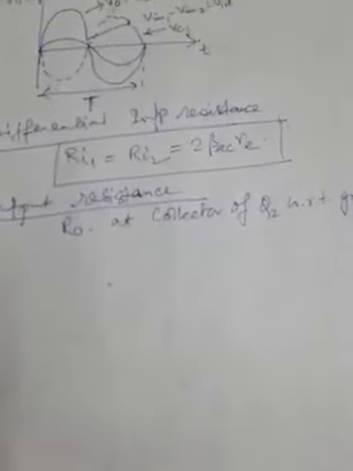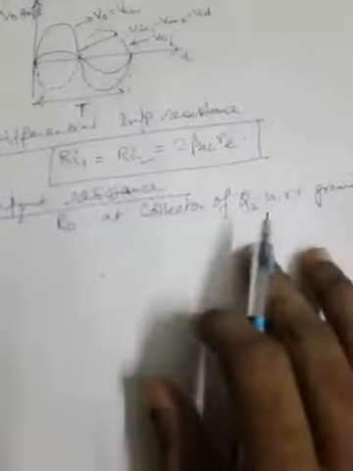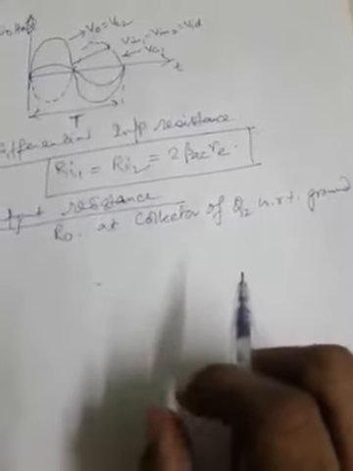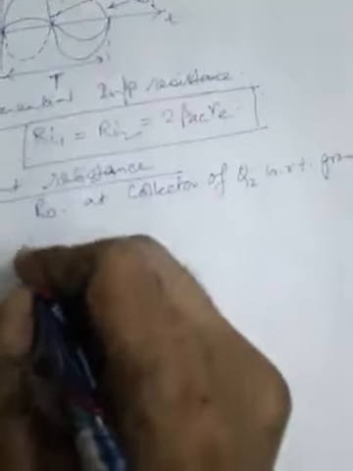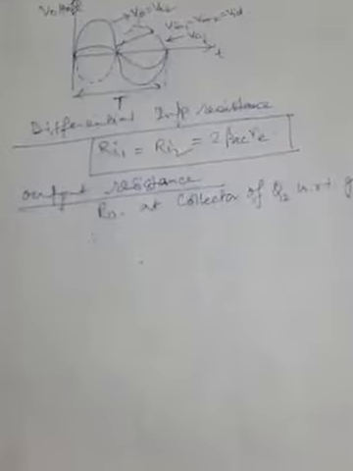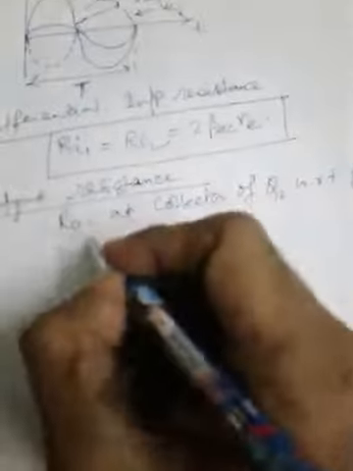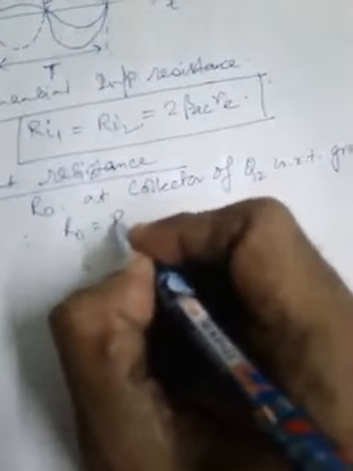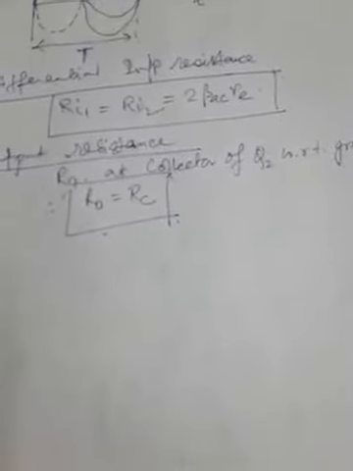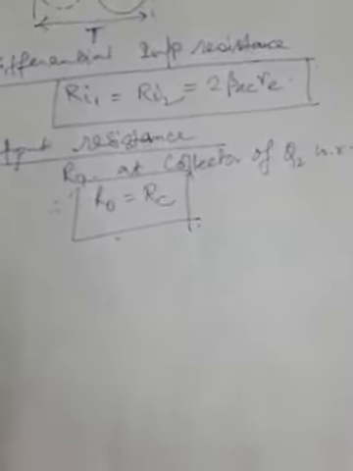Therefore the output resistance for this configuration will be equal to the collector resistor RC of the collector terminal of Q2. So Ro is equal to RC. This is all about the dual input unbalanced output configuration.